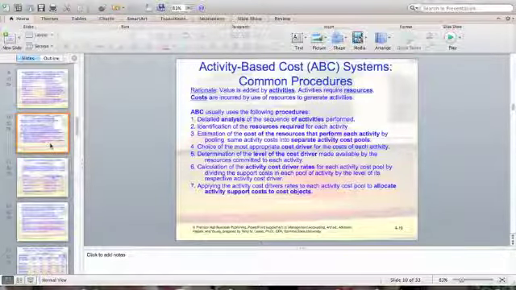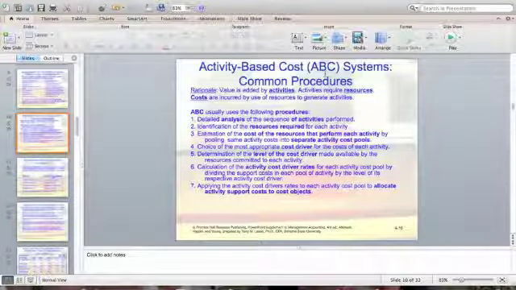So with activity-based costing, we start by looking at what activities are being used in the business and how those activities consume the overhead. Remember, the goal here is to allocate the overhead properly to each group of product.